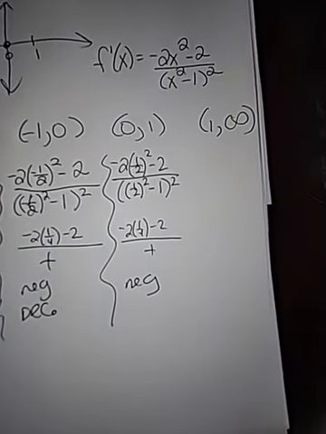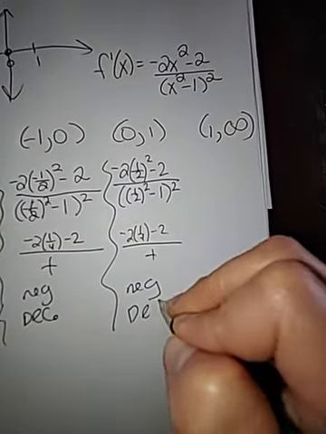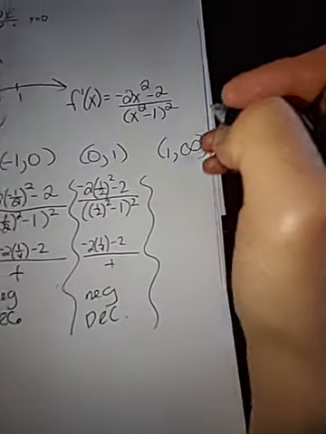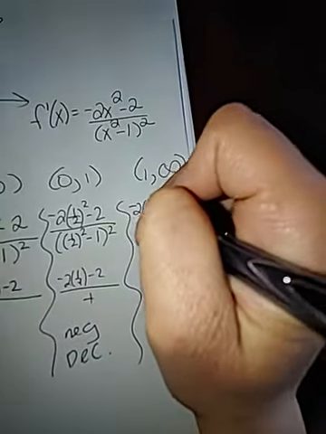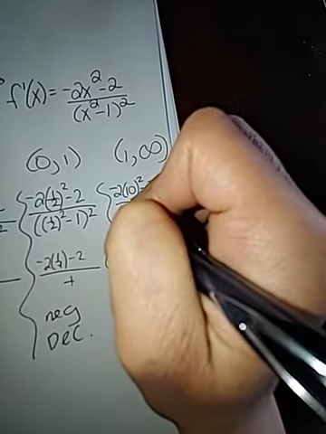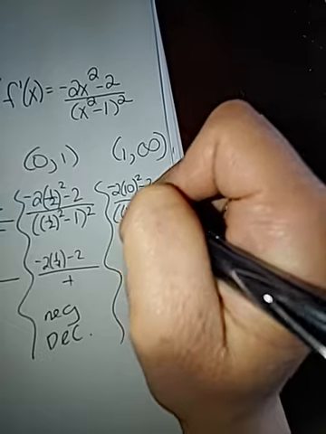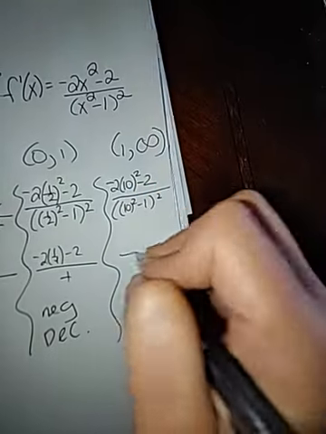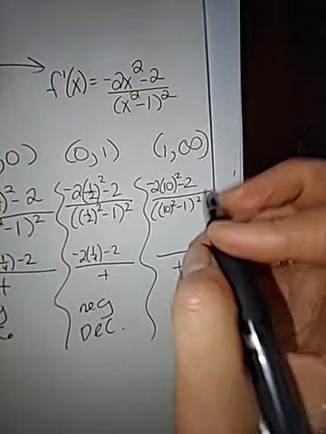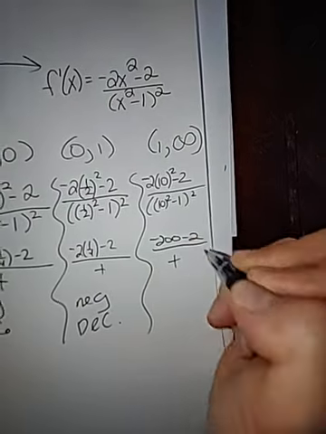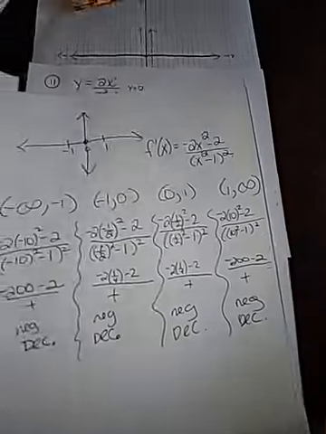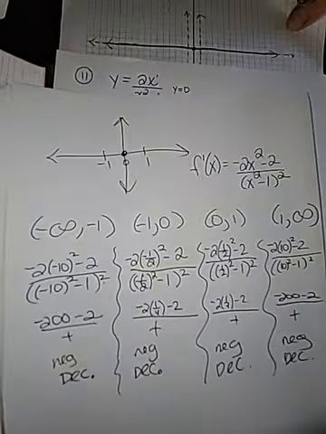So the whole thing is negative, which means the function is decreasing. All right, last one. I'll pick positive 10. I know the bottom is positive. And then again, I have 100, so negative 200 minus 2. So a negative over a positive is negative, which means the graph is decreasing. So on all my intervals, my graph is decreasing.